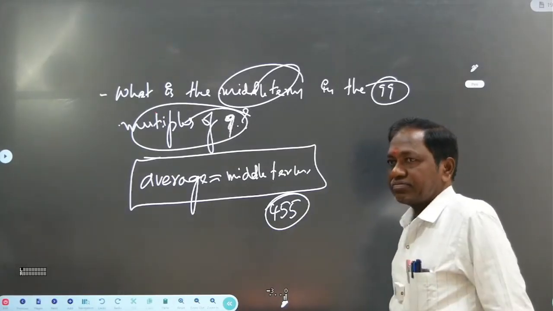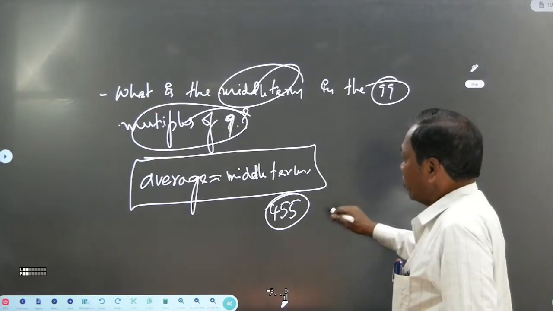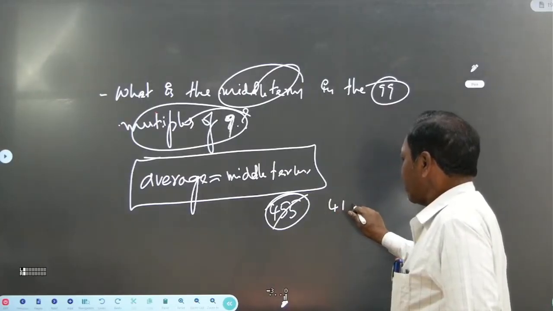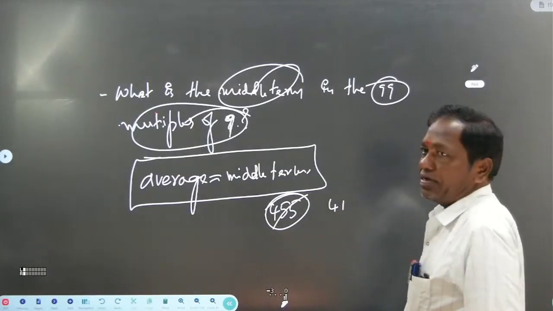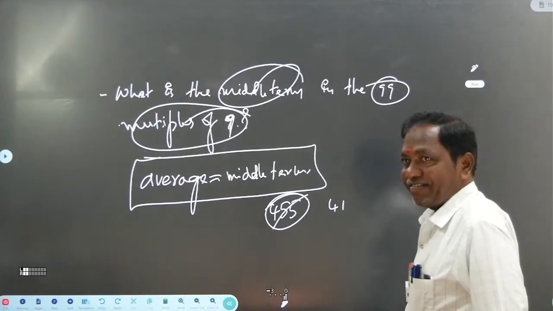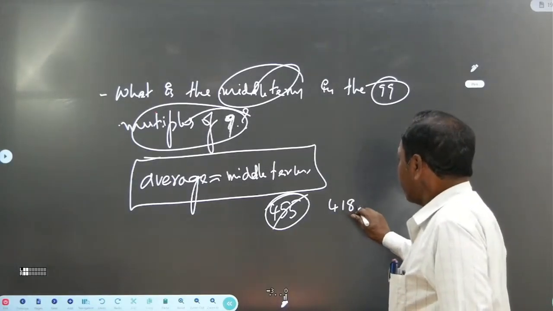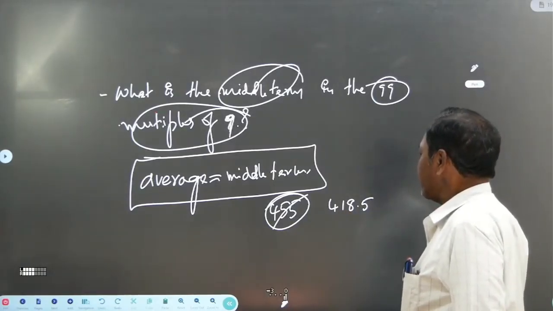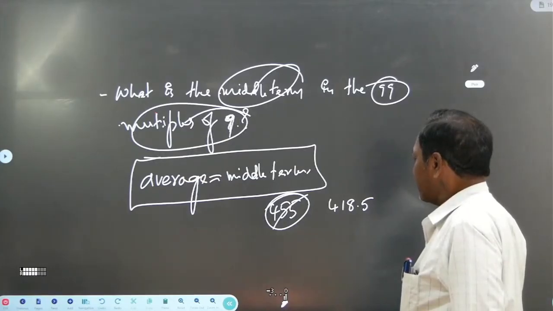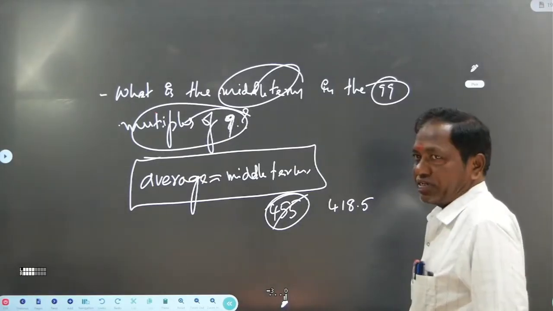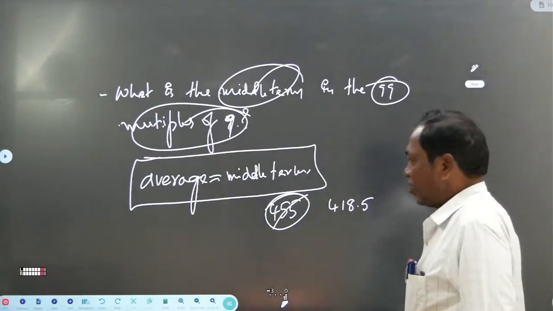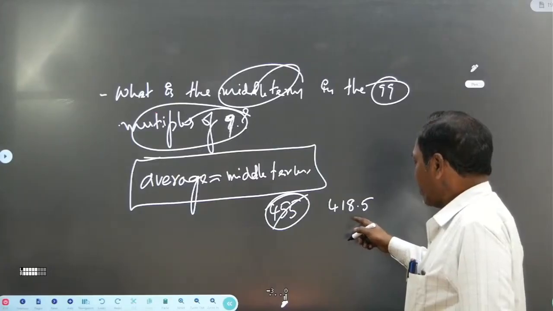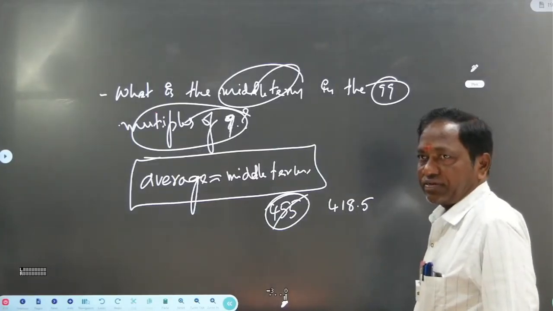Somewhere it is wrong. Sir, 418.5. Yes. 4 plus 1 is 5, 5 plus 8 is 13. Yes. Right. Done.